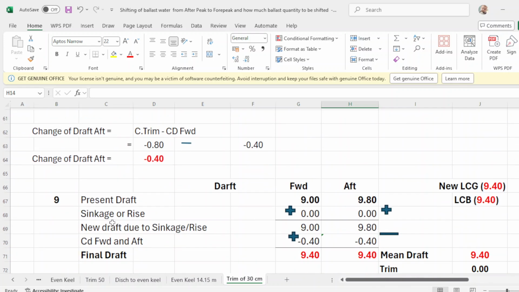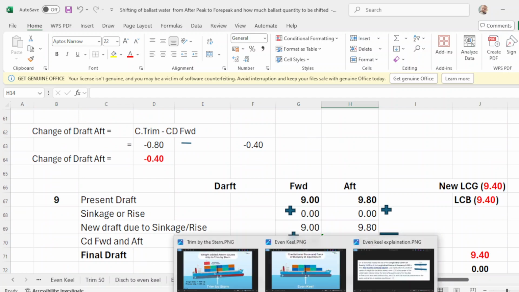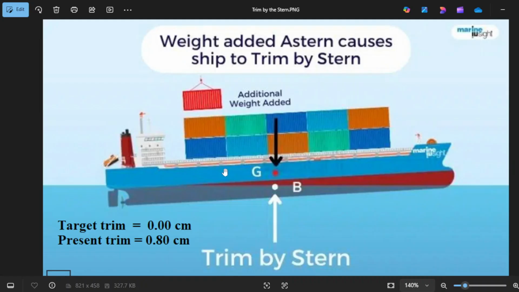Now, since we will only shift the ballast from after peak to forepeak, it's only the trim that will change, but the main drop is still the same.